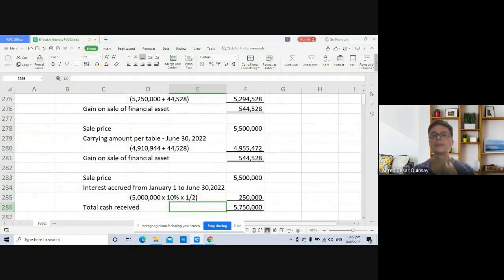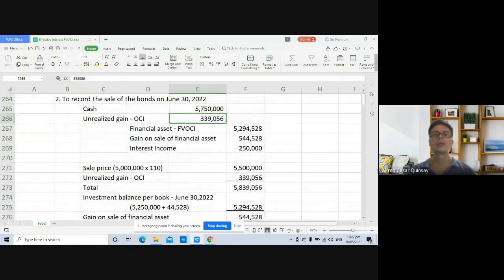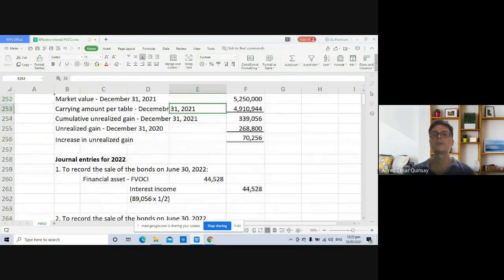Yung unrealized gain ito lang yung sum nung dalawa, yung unrealized gain nung 2020 saka nung 2021, yung 70,256 plus yung unrealized gain ng 2020 na 268,800.